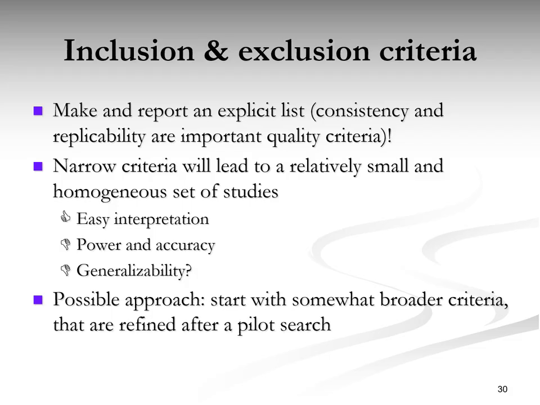So a possible approach is that you start with somewhat broader criteria in a pilot search, and if you see that you will have too many hits, making it not feasible anymore to do this systematic review, then you still can refine the search.